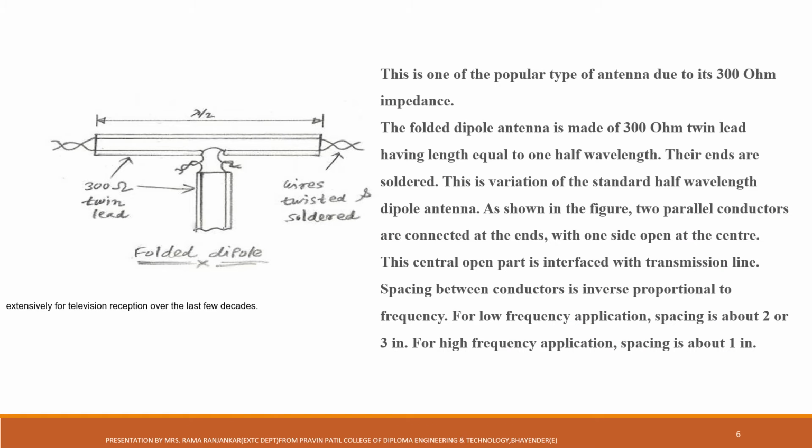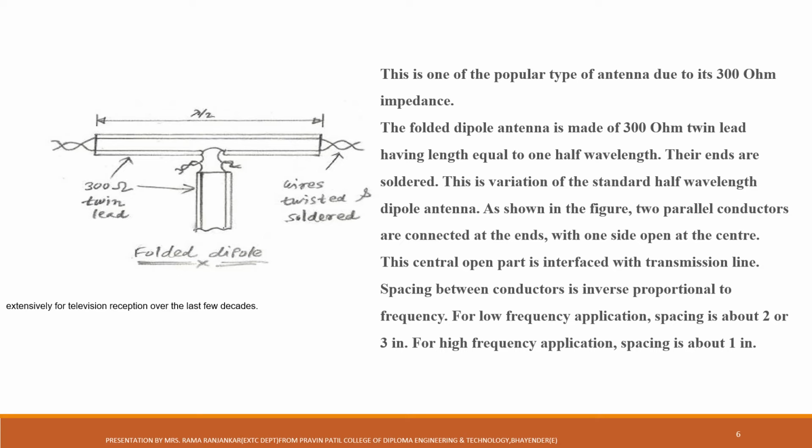Now this is a diagram of the half wave folded dipole antenna. This is one of the popular antenna types due to its 300 ohm impedance. The folded dipole antenna is made up of 300 ohm twin lead. Here there are two leads, and the second lead is at the center, with the ends as its shoulders.